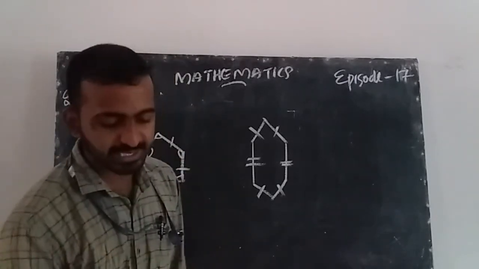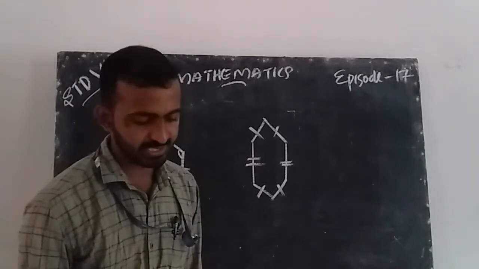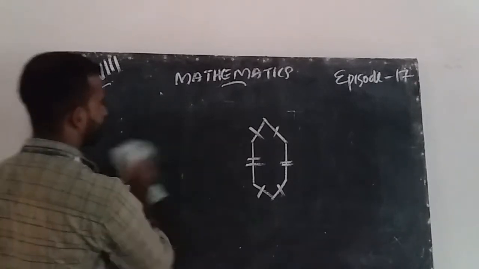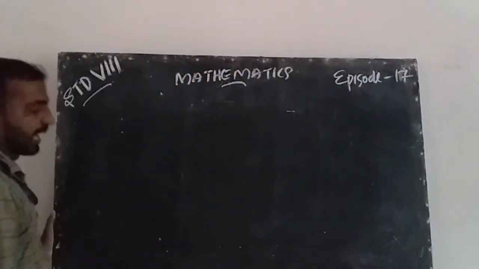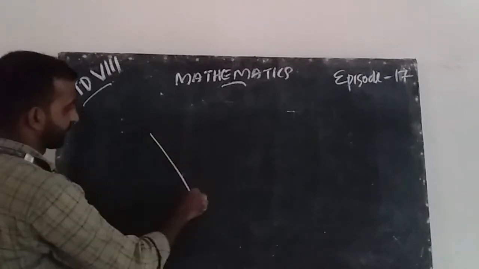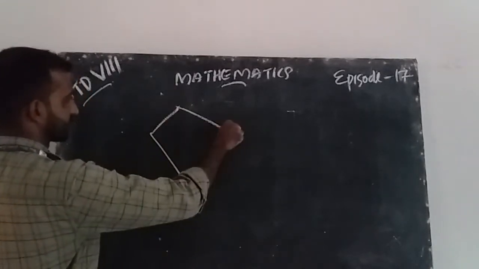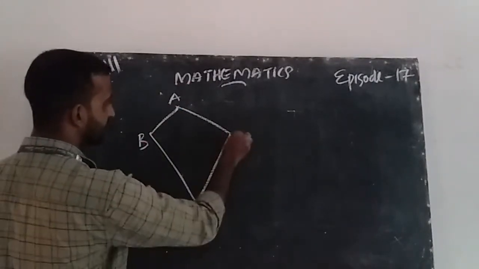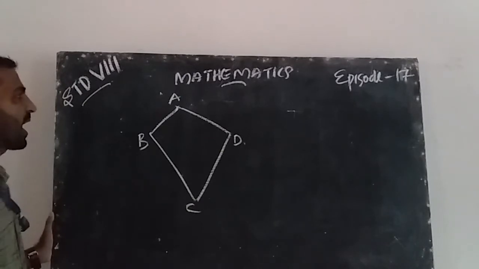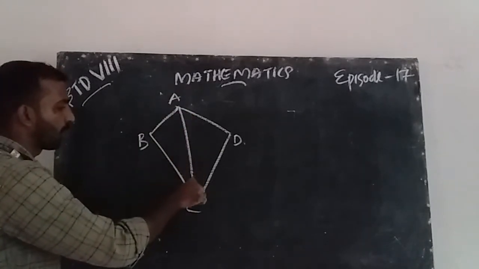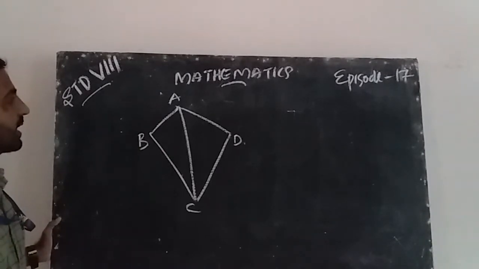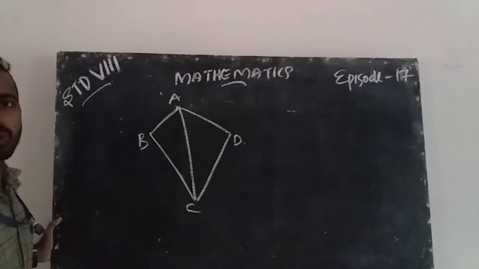And next we are discussing angle sum properties. This is a quadrilateral. We can divide it into two triangles. When we draw a line from A to C, the quadrilateral is divided into two triangles.